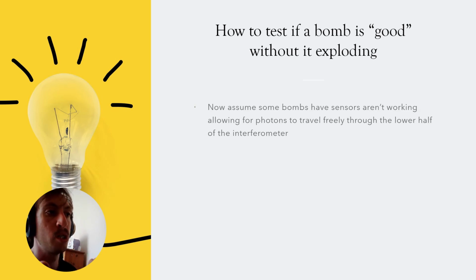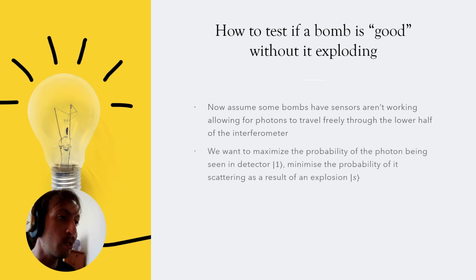So as I say, we now assume that some VOMs have sensors that aren't working, allowing photons, in the case where the sensors aren't working, to travel through the lower half of the interferometer. So it's very similar maths to before. What we want to do is maximise the probability of the photons being found in the detector that will correspond to the VOM being active.